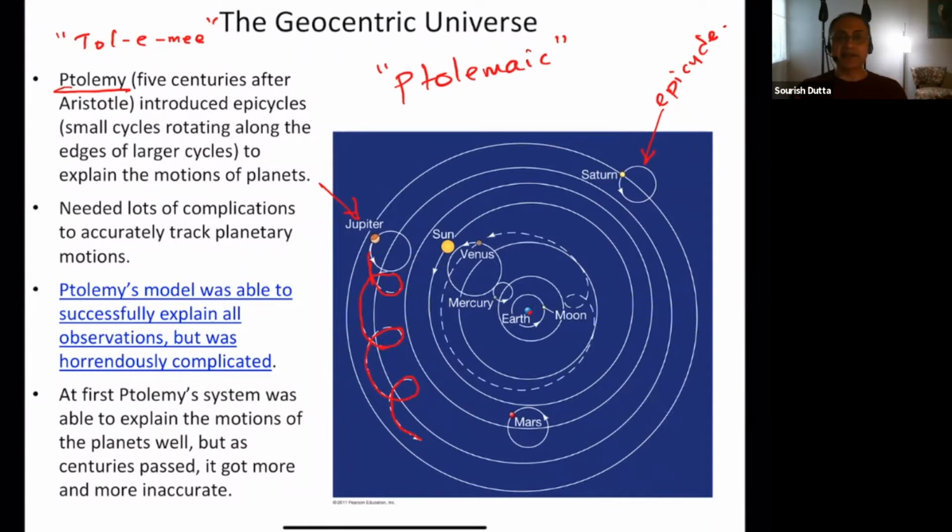So that was a big improvement over Aristotle's model. At first it was also able to explain the motions of the planets well, but as the centuries passed, it got more and more inaccurate, and so people had to keep on making it even more complicated in order to get correct answers, by introducing more and more circles within circles. Okay, so that is the Ptolemaic model.